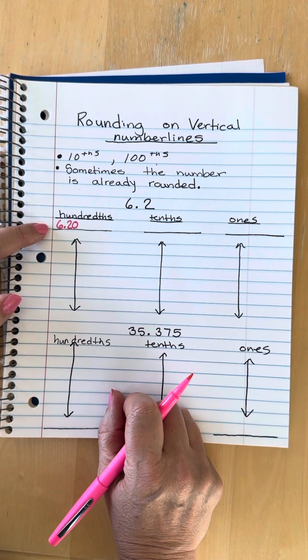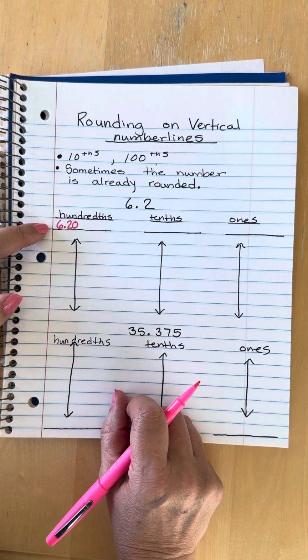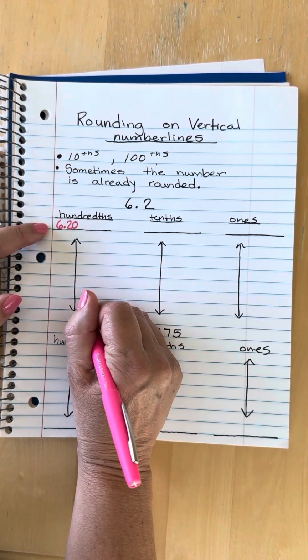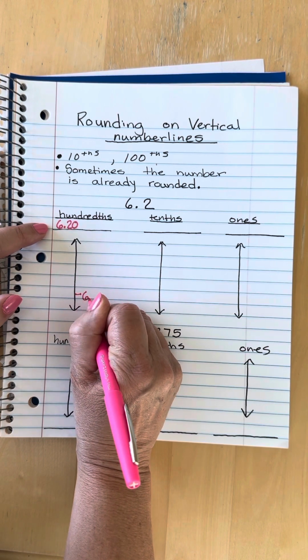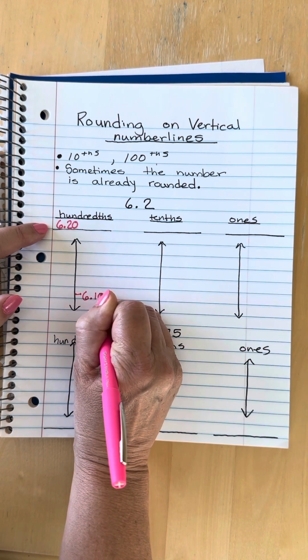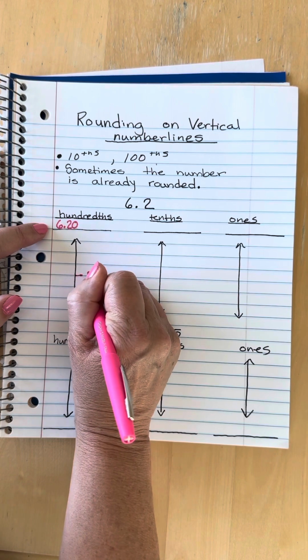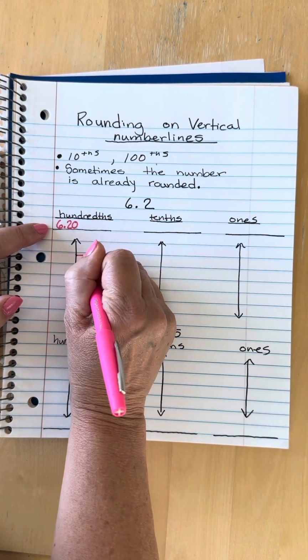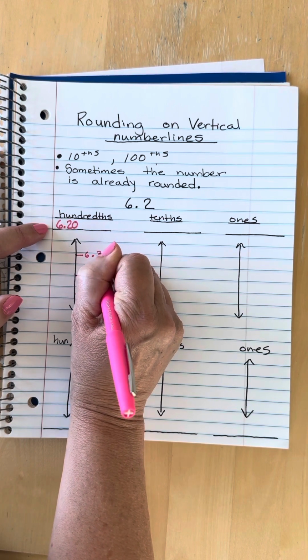When we round, we always put the one below and the one above on the number line. So if we were doing that, there's 6 10 hundredths, we have 6 20 hundredths, we have 6 30 hundredths.